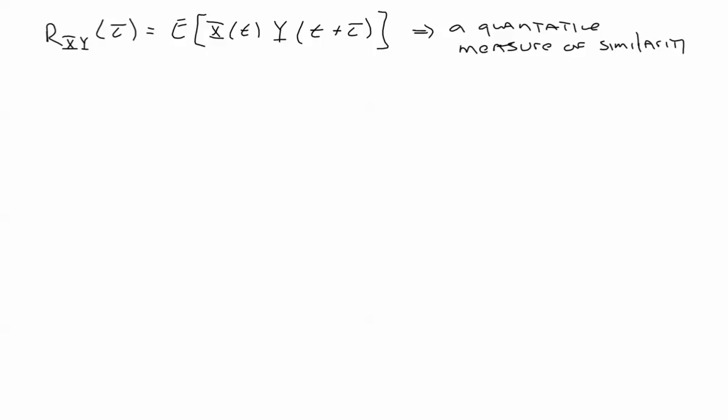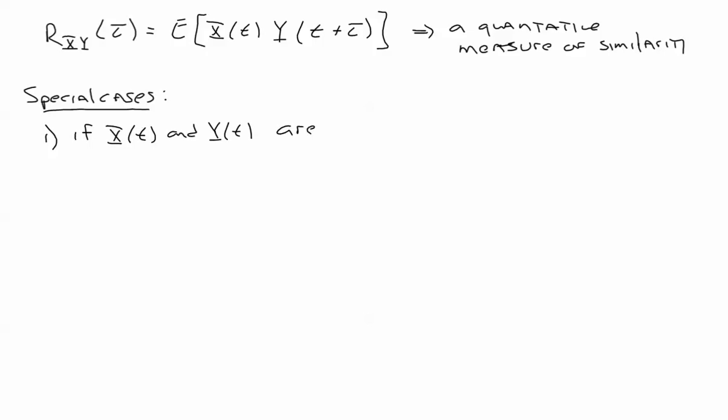Let me give you some special cases. One, if x of t and y of t are what we call orthogonal, then the cross-correlation is always and everywhere 0.